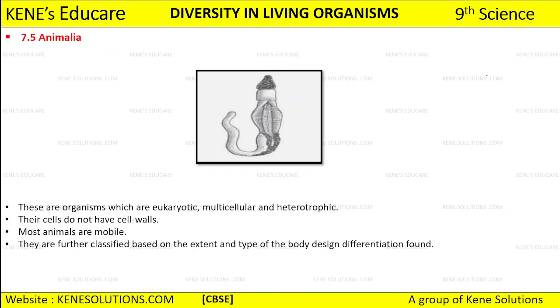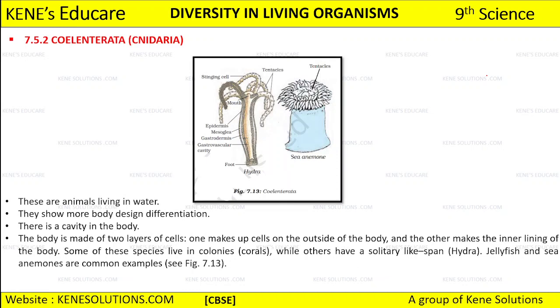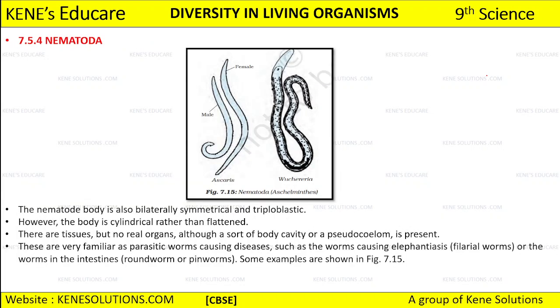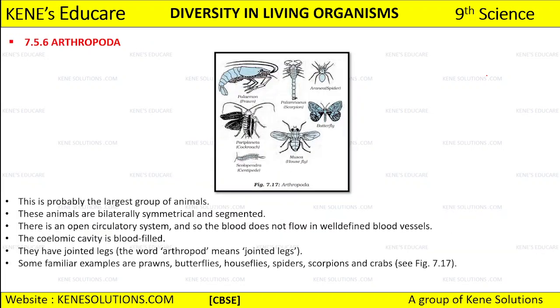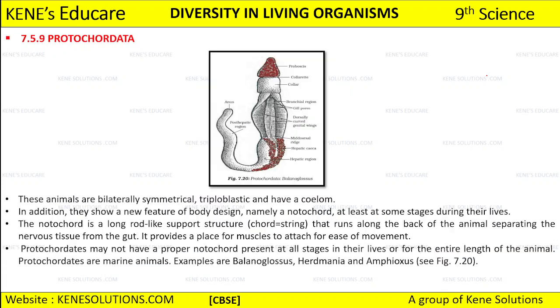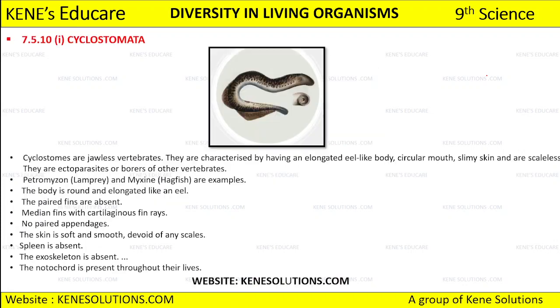Okay, after that we will be discussing kingdom Animalia, where we have 10 different phyla. So we have phylum Porifera, phylum Coelenterata, which is also called Cnidaria, then phylum Platyhelminthes, phylum Nematoda, phylum Annelida, phylum Arthropoda, phylum Mollusca, phylum Echinodermata, phylum Protochordata, and Vertebrata. Now Vertebrata is again divided into 6 classes.